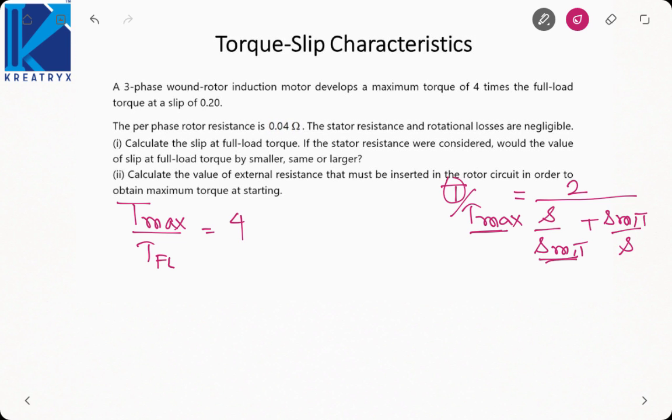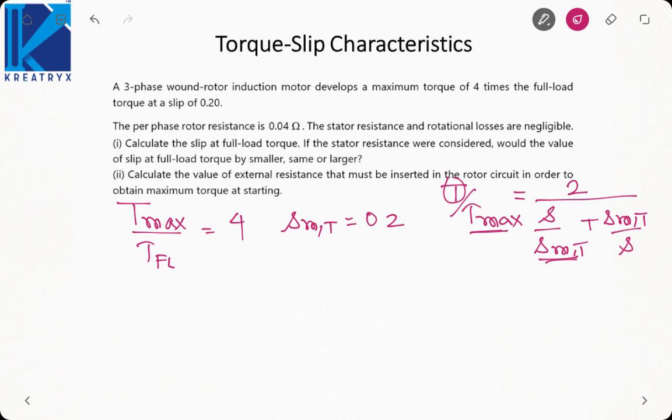That is the direct relation between torque at any slip and the maximum torque. Now it is saying it is 4 times the full load torque at a slip of 0.2, which means slip for maximum torque is 0.2. Now per phase rotor resistance is 0.04. The stator resistance and rotational losses are negligible.